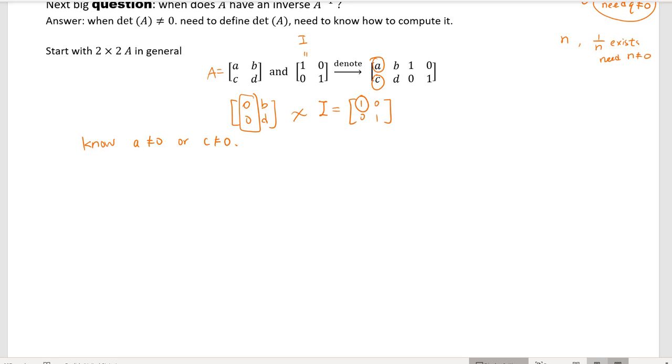Okay, so let's assume A is not zero. If C is the nonzero one, it's okay. You just interchange two rows, then C is in the position of A. So let's assume A is not zero. Now let's see, if we assume A is not zero, what happens?